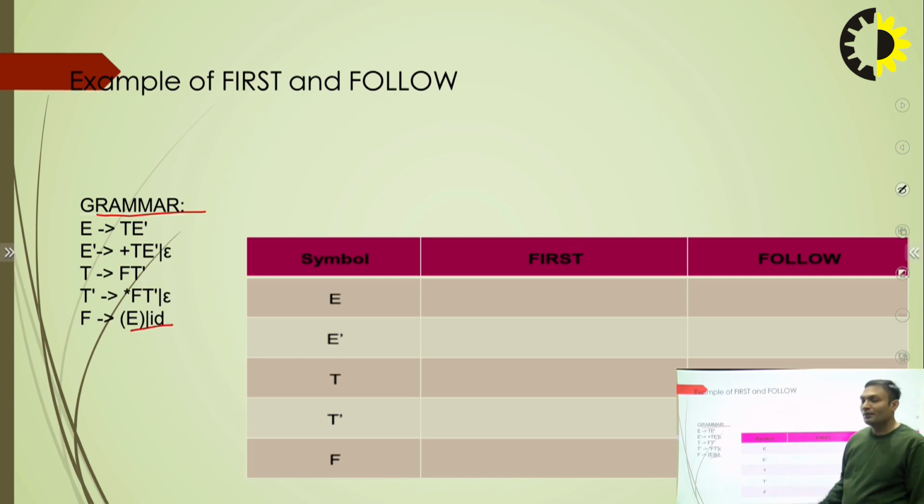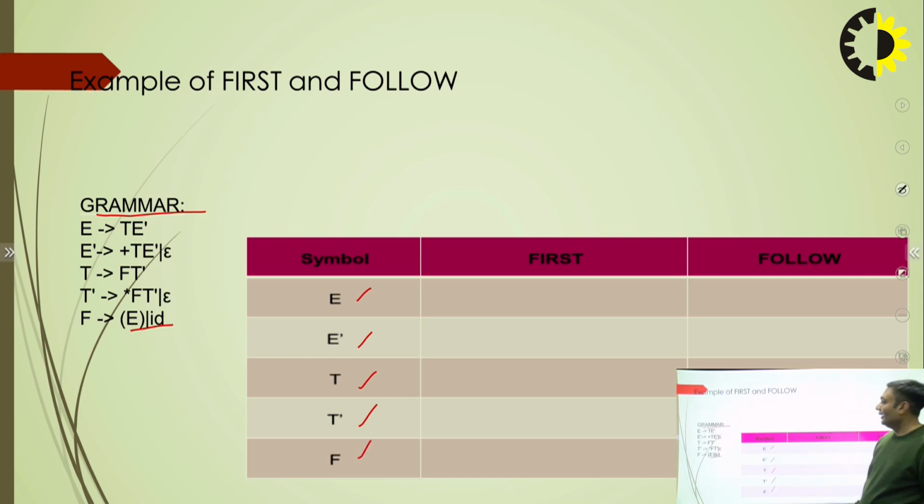This is the given grammar and we need to calculate the first and follow of these prediction rules. On the left hand side we will write all the symbols that generate the prediction rules: E, E dash, T, T dash, F.